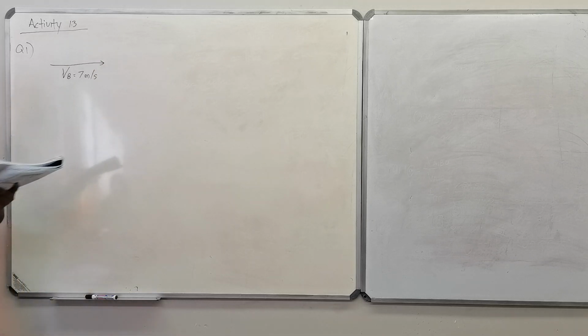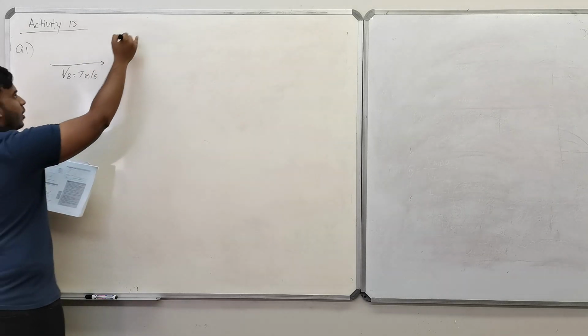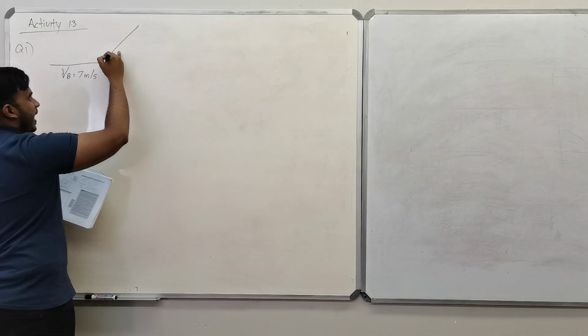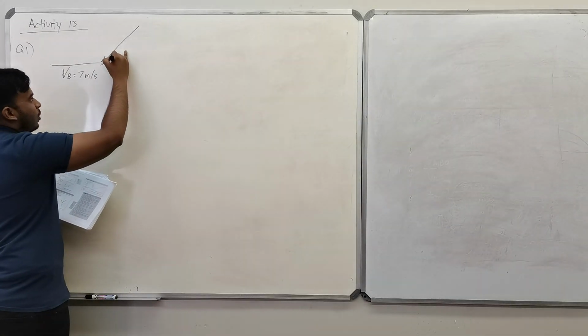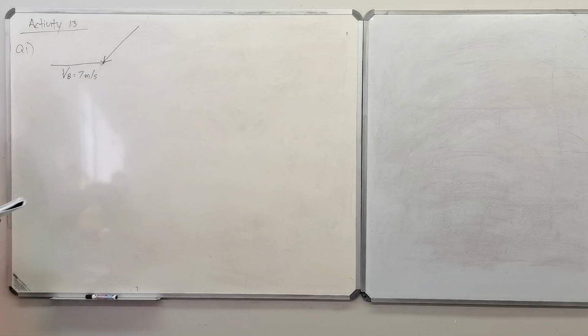Okay, so how would you do it? That was the tricky question. The wind is 4 meters per second, blowing this way. You have to draw it like this. Where would your arrow go? Down, because it's a headwind.